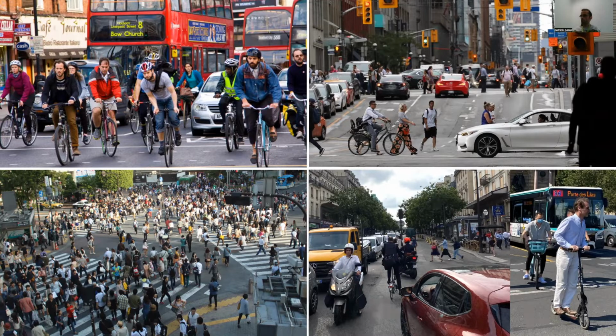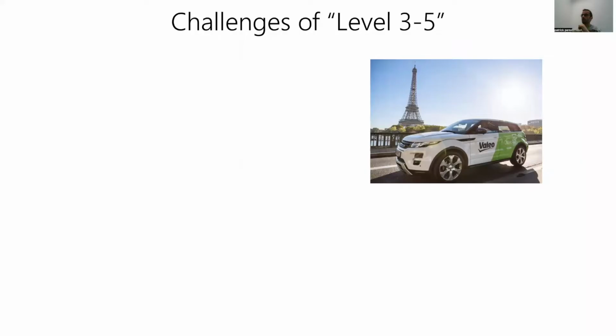So it's quite complex, very unpredictable. And here the weather is clear in the four scenes. It could be way worse with rain and fog, etc. So we have to face this reality. Crazy people on new devices, like on the bottom right, etc. So it's a wide world out there, right, on the roads.